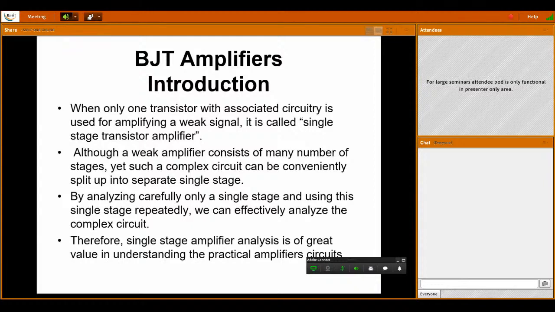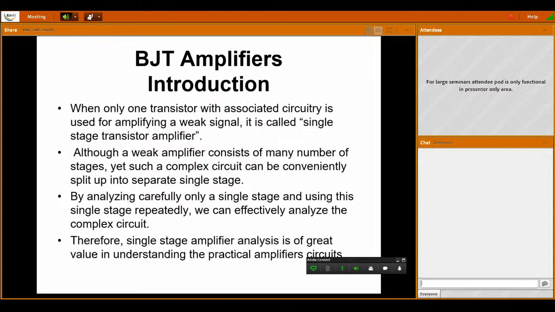A weak amplifier consists of many stages. So we have to cascade a number of the same type of CE amplifier stages. With that, we can get more voltage gain. For analysis purposes, in order to calculate the voltage gain, power gain, as well as the current gain, we have to analyze the circuit by splitting the total cascaded stages into a single stage.